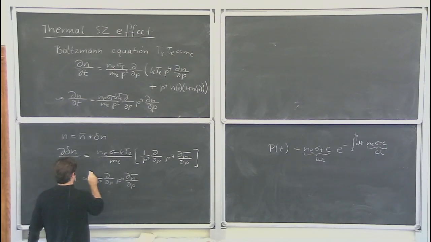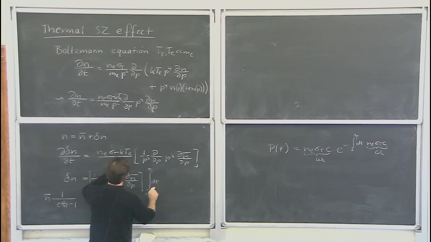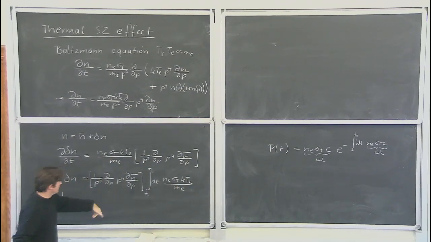So this thing we know. And then this thing just is integrated over time. So this is the time where they enter the cluster, get out of the cluster, d tau, Ne sigma Thomson kT over me. This one you can just work out.